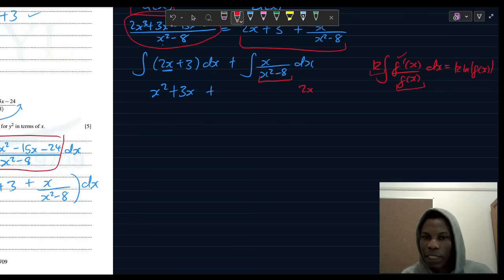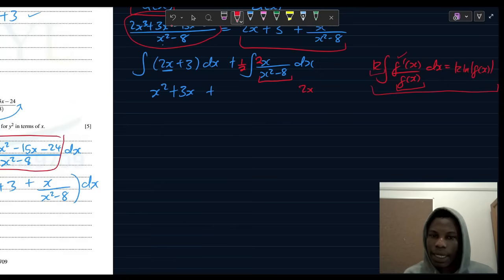But we can force that and say let our numerator be 2x and cancel out by multiplying by a constant half, because half times 2 is just 1. And what this does is that the denominator becomes f of x. If you differentiate f of x, you get 2x, which is now our numerator, multiplied by some constant, half, which allows us to use this.